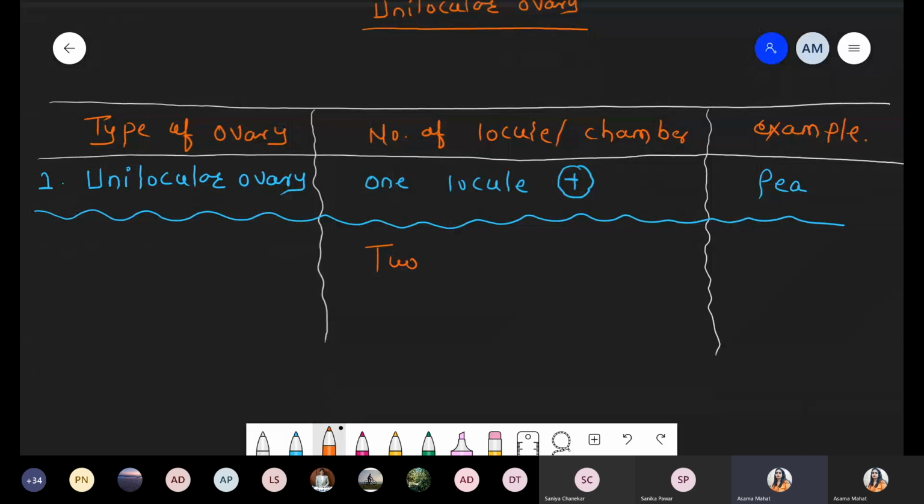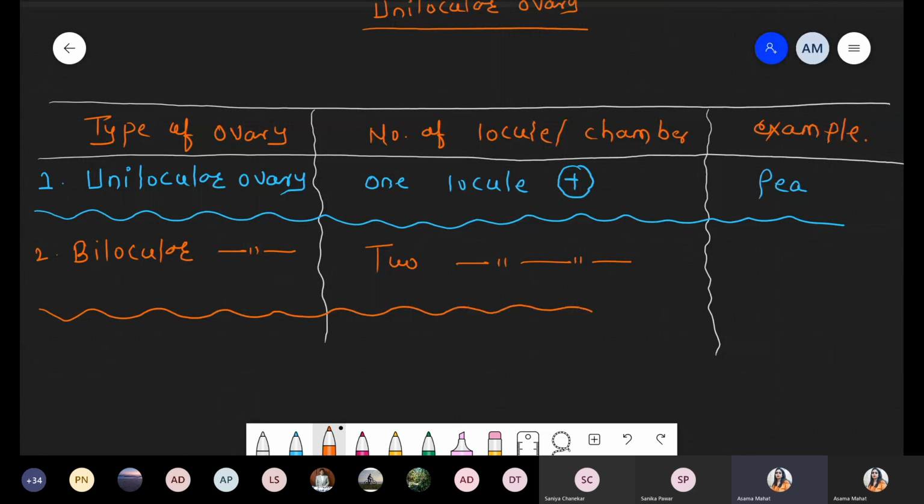Second type: if two chambers, two locules are present, such a situation is called a bilocular ovary, and this is very common in the potato family, Solanum.